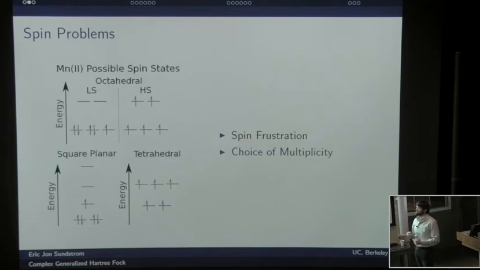The second thing, which is maybe more chemistry related and less related to physics, is this choice of multiplicity. For the people in the audience that know about it, Anna mentioned it briefly, there's this symmetry breaking problem, which is all I'm going to be talking about today. But specifically, people have to choose a multiplicity when they run standard quantum chemistry codes. If you're running a transition metal, such as manganese 2+, there are a lot of possible spin states. I could choose one where I have a quintet, or I could choose one where I have a doublet.